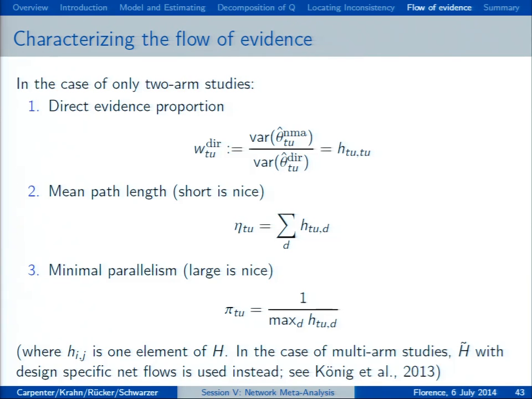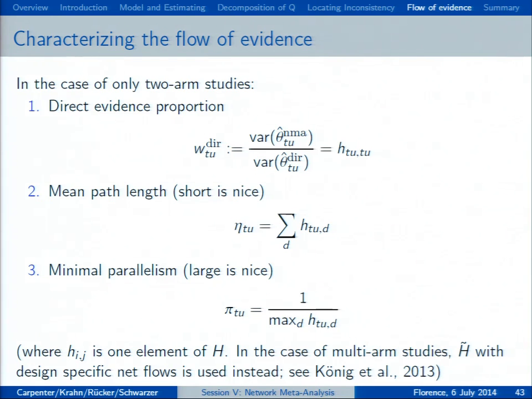So like in classical meta-analysis, where it is important for an estimate to know how it depends on single observations, in network meta-analysis it's interesting how a network estimate depends on direct evidence.